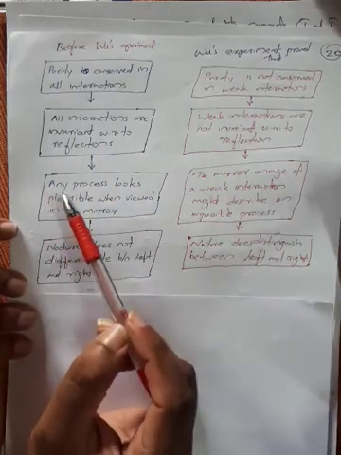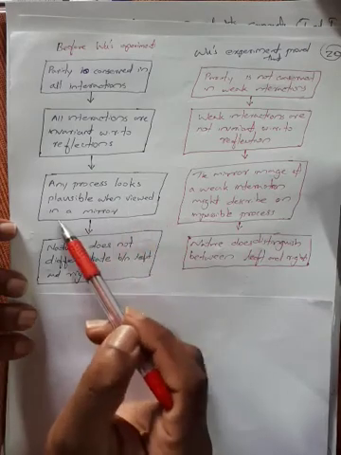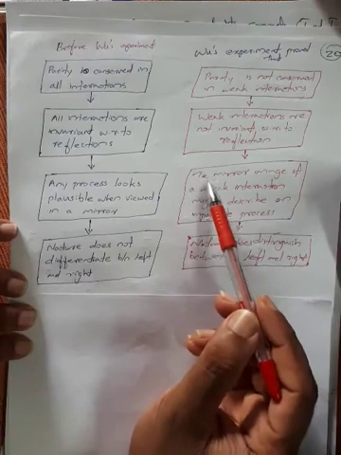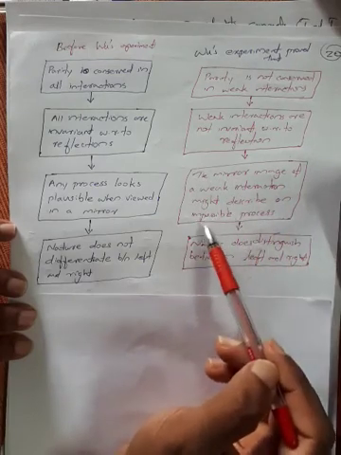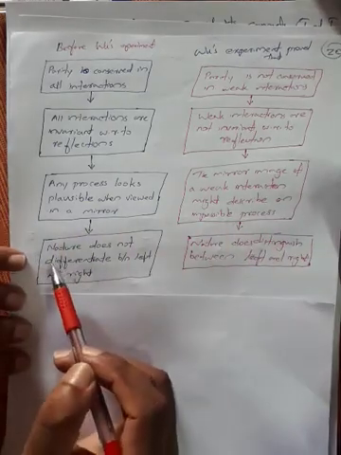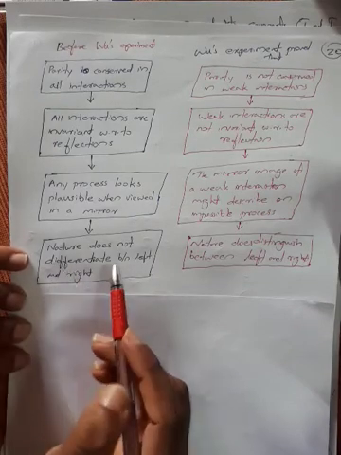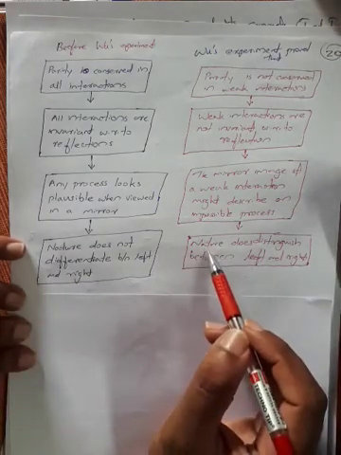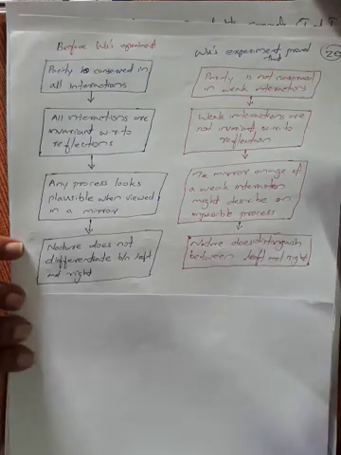Third, any process looks plausible when viewed in a mirror, but after Wu's experiment, the mirror image of a weak interaction might describe an impossible process. And fourth, before Wu's experiment, nature did not differentiate between left and right, and after Wu's experiment we understand that nature does distinguish between left and right.